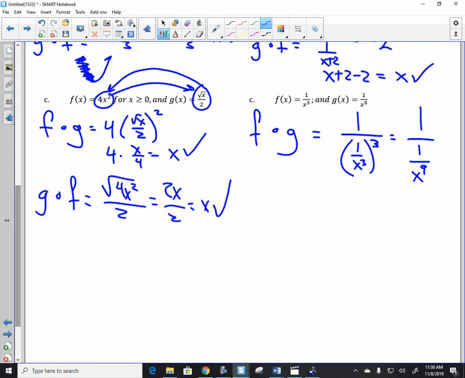One over x to the 9th, which is... I didn't get x, did I? They're not inverses. Don't even need to do the other one. That's that. Good work. Way to go.